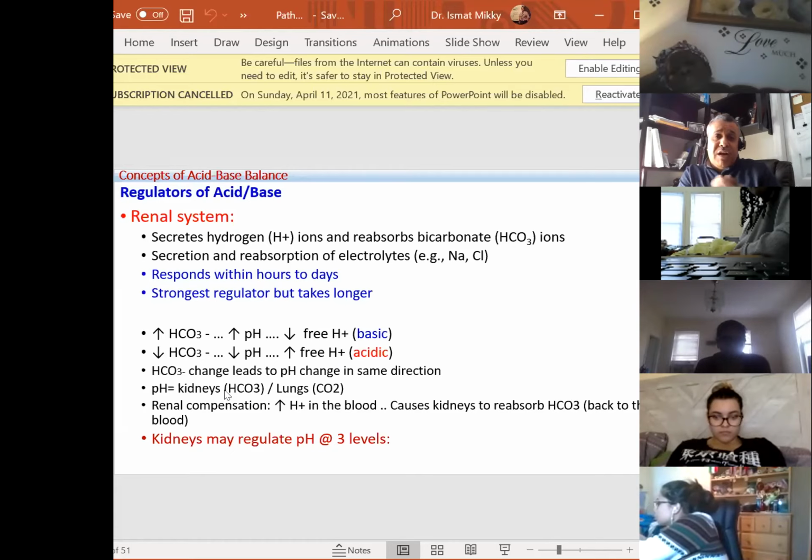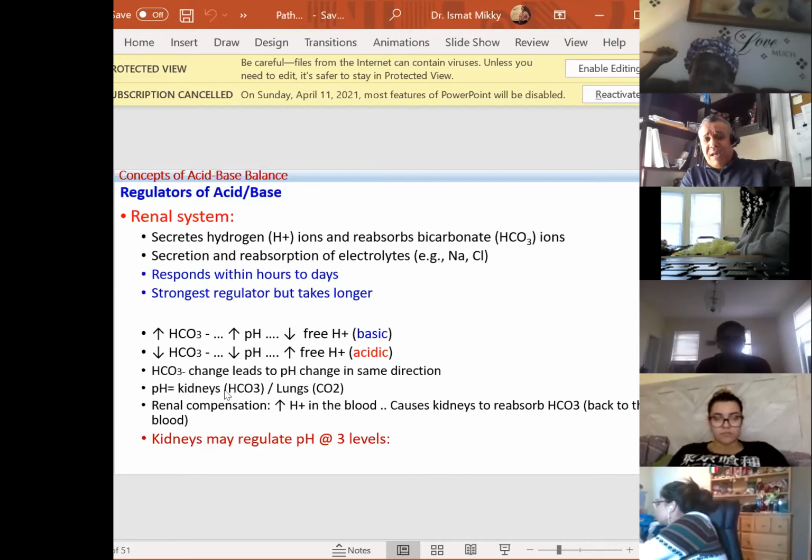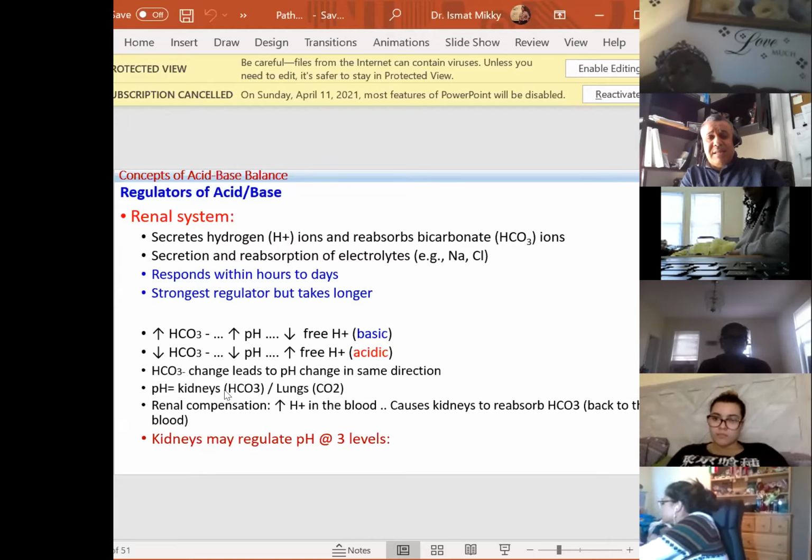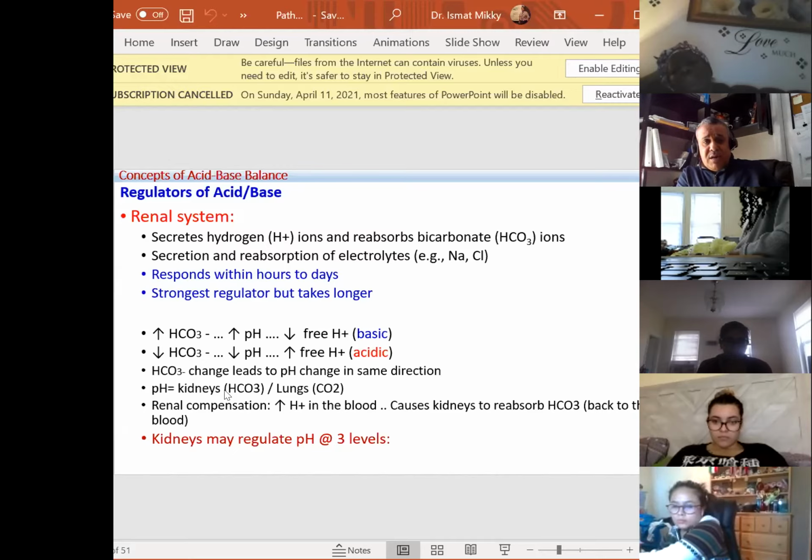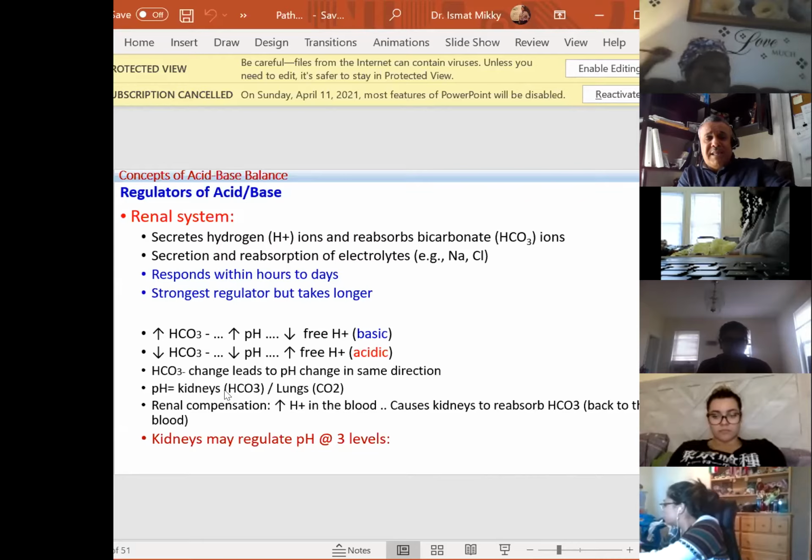Let's just focus on one mechanism, because the kidney can do other things to fix acid-base imbalances. Just focus on the H pluses and the HCO3, bicarb. So in this scenario, the kidney is supposed to excrete the excess hydrogen ion and reabsorb, retain more of the bicarb to fix that respiratory acidosis.